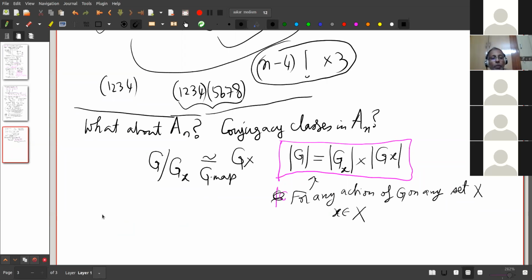In particular, you apply it to G acting on itself by conjugation.